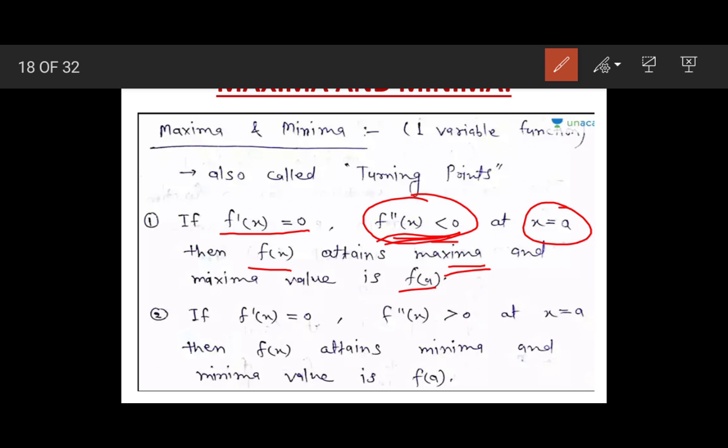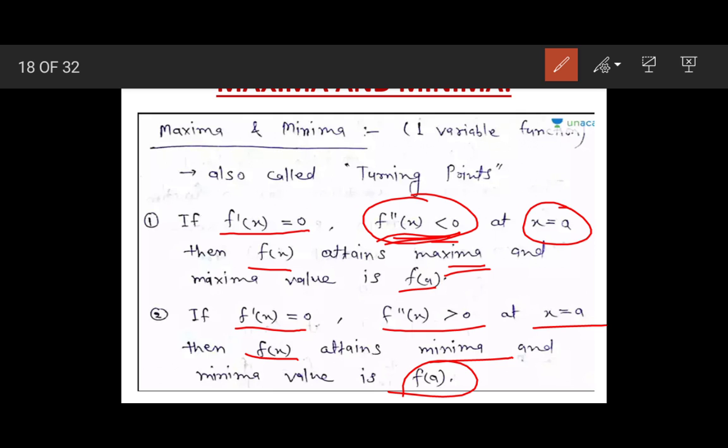Then if f dash x equal to 0, means first order derivative is 0, and second order derivative is greater than 0, means positive, at x equal to a, then f of x will be a minimum at f of a.